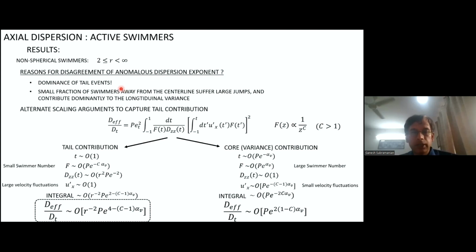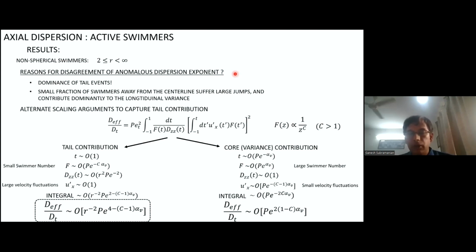And that's because the axial dispersion for swimmers of large aspect ratios greater than 2 is dominated by the small fraction of swimmers that actually move significantly away from the center line, even though the majority of the population is close to the center line, and in the process suffer large jumps. Okay, so there are 2 contributions to the variance here.